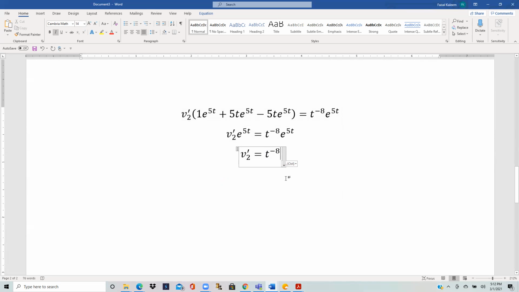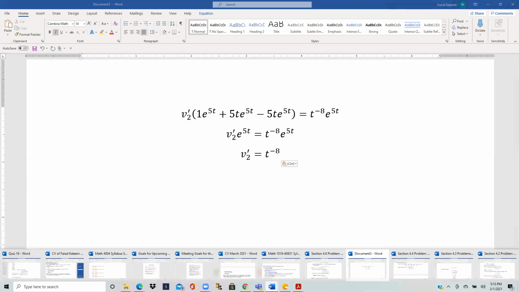Okay, and now v2 prime is dv2 over dt. So dv2 over dt is t to the negative 8. Let's just do the step.